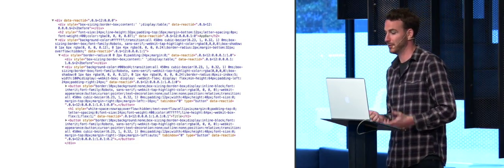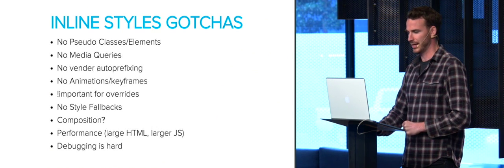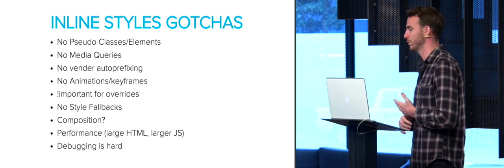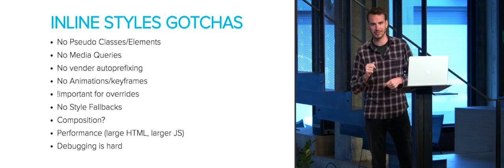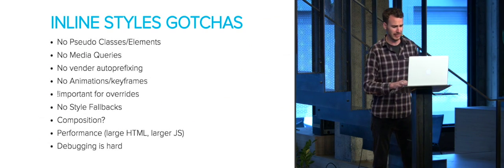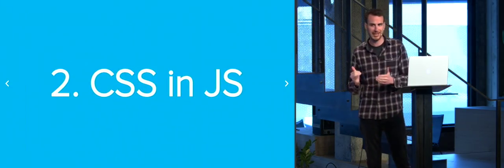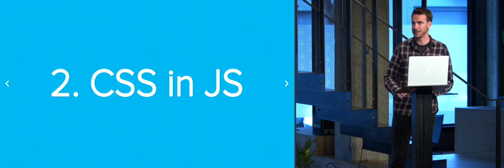So there can be performance penalties for that. Another gotcha is there's no vendor auto prefixing. So like Moz dash whatever, or older Microsoft Internet Explorer prefixes, you can't do that with inline styles. It depends on what you actually need to support with your application, but just know that those are there.